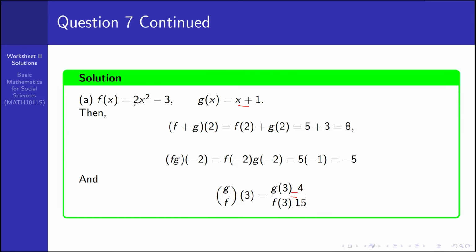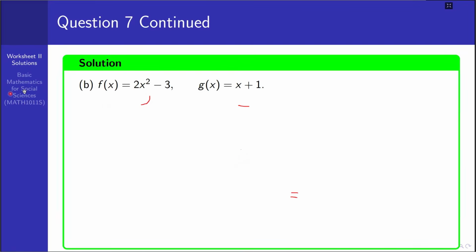And f of 3 means 3 squared is 9, 9 times 2 is 18, 18 minus 3 is 15. So 4 over 15 is the image of 3 under g over f. Okay. Next.